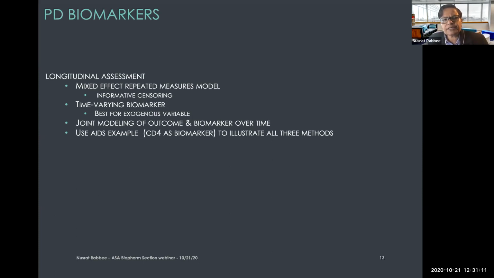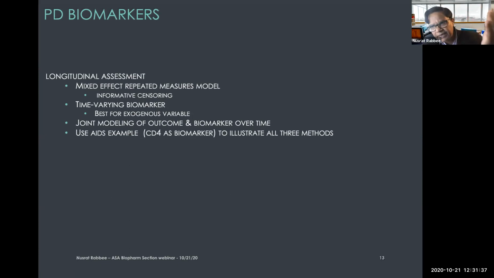One, obviously, is the mixed effect repeated measures model, right? All of you are familiar with that. That's approach 1. It's also abbreviated and called MMRM sometimes. And so I give the code to how to do that in R, how to plot the mean and the CI of the biomarker, whatever metric that might be.